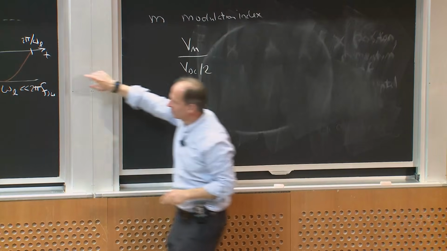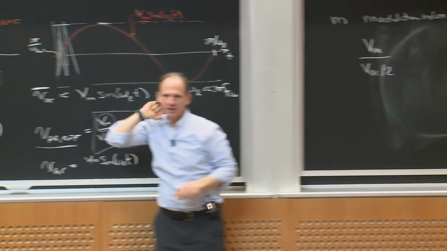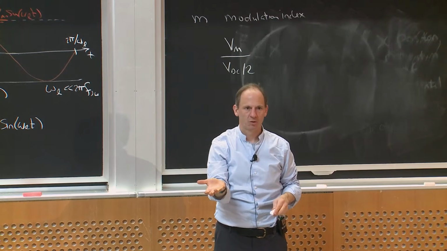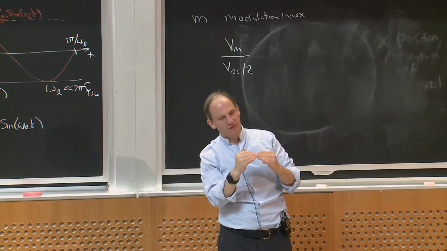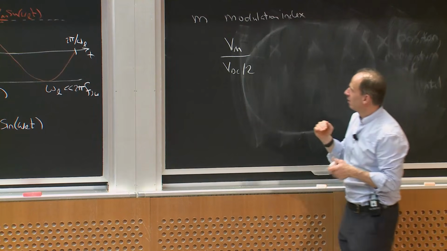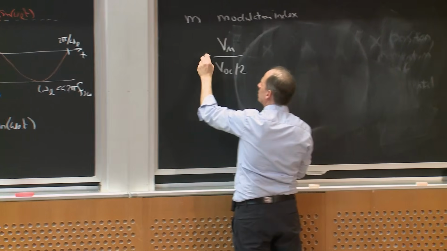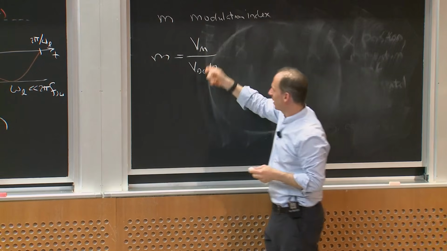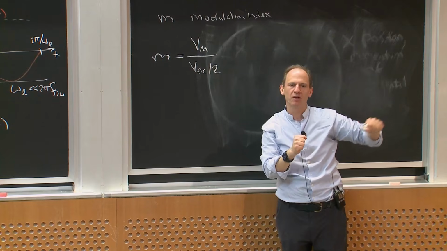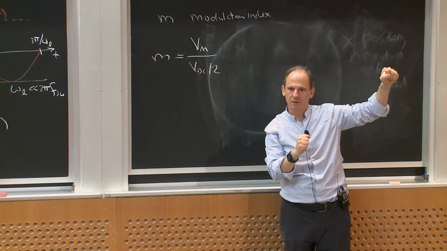How big is this sine wave relative to VDC over 2, or relative to the maximum I can do without distorting? If, at least with what I've told you so far, I make m greater than 1, or V sub m bigger than VDC over 2, then what will happen is I'll stop switching for part of the waveform and I'll start distorting. Any questions about that?